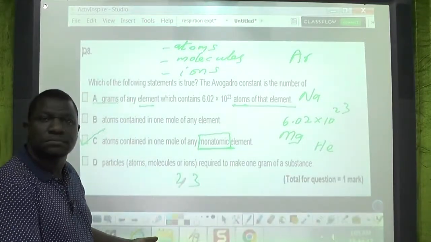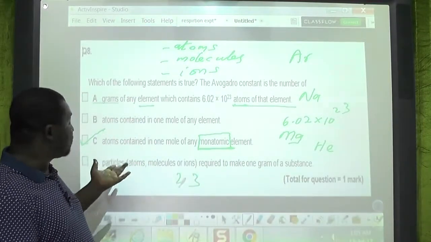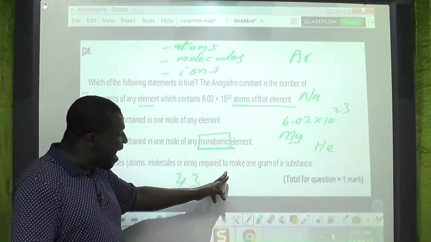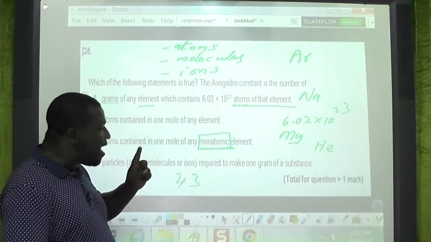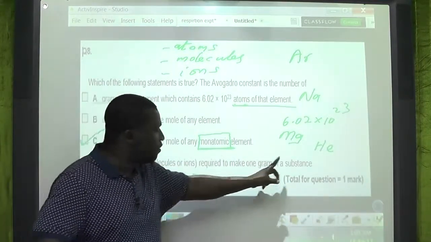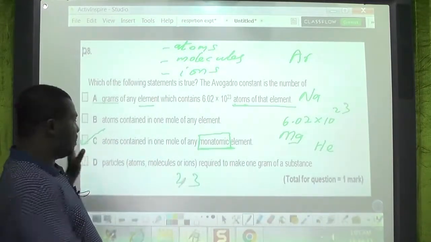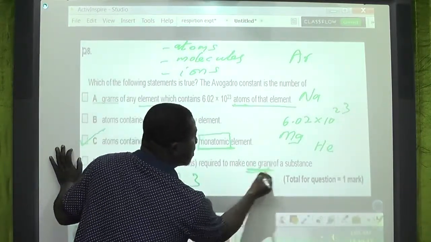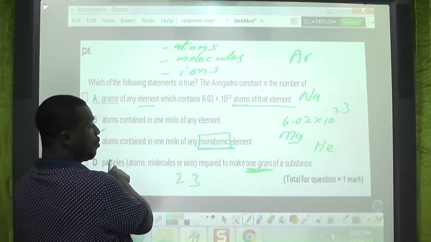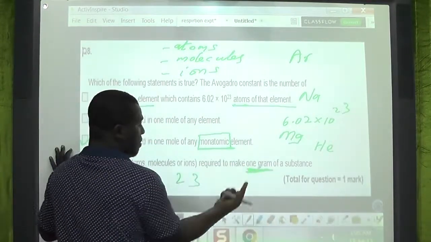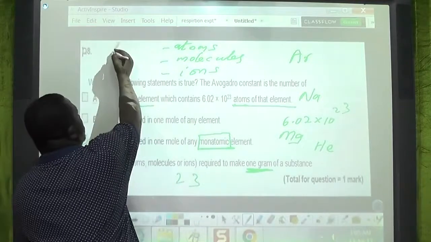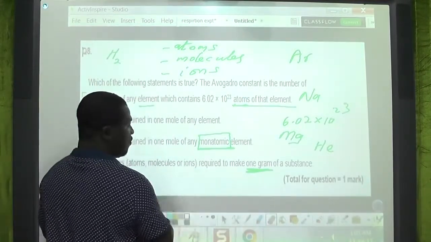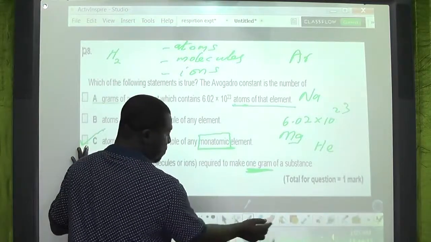The number of particles, atoms, molecules, or ions required to make 1 mole of a substance. So this is wrong because they say 1 gram. Avogadro's number cannot make 1 gram. Even hydrogen cannot make 1 gram of hydrogen because hydrogen is H2. So this is also wrong. Please don't be deceived.